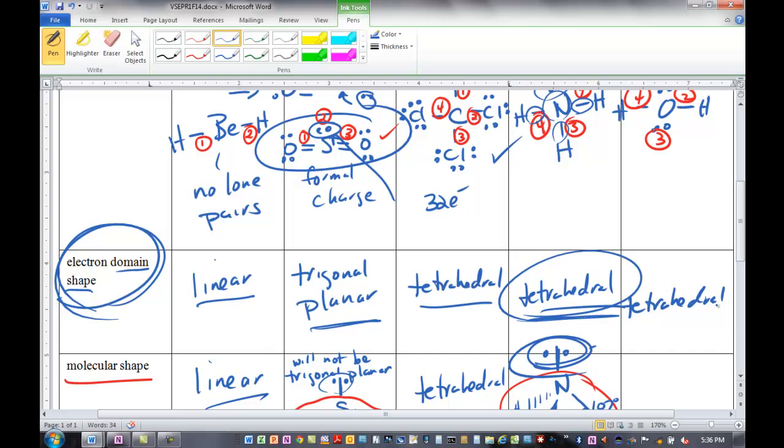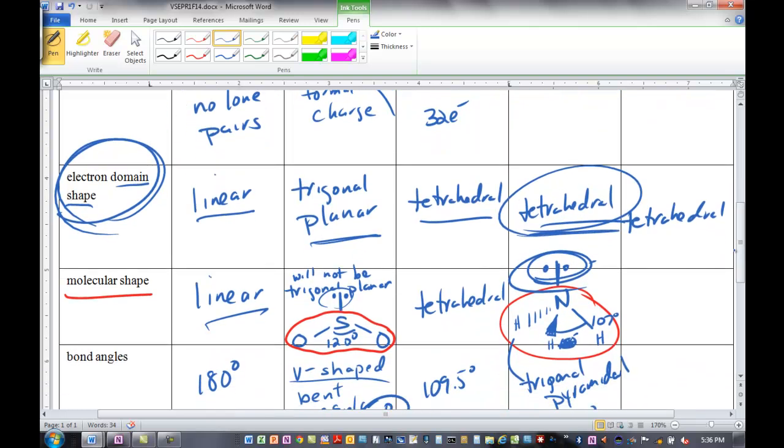Well, it's not going to be the same because we have lone pairs. We just want to know how the 2 hydrogens and oxygen are arranged relative to each other. So again, this is where building models helps. Build yourself a tetrahedron with 4 toothpicks. Get that tetrahedral shape with 1 pair pointing up and a tripod pointing down, and pull 2 toothpicks off and see what you're left with. I'm going to try to draw it as best as I can here. Oxygen. Okay, there's our tripod.